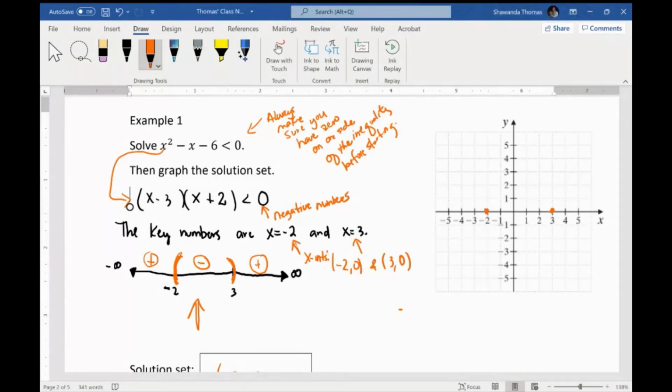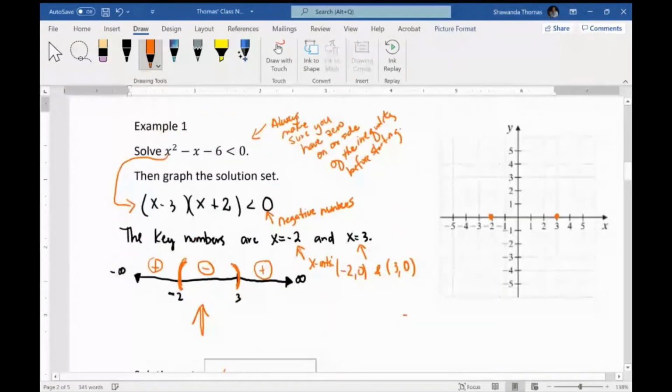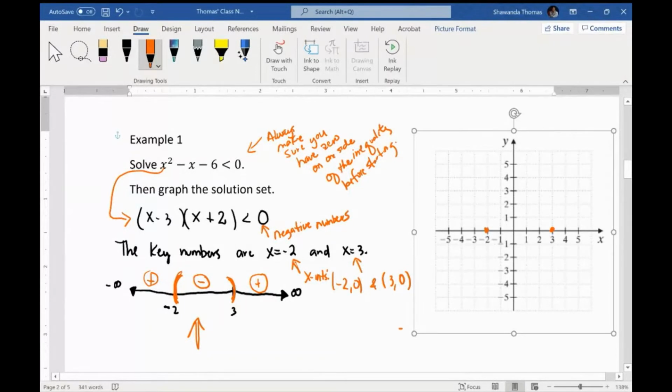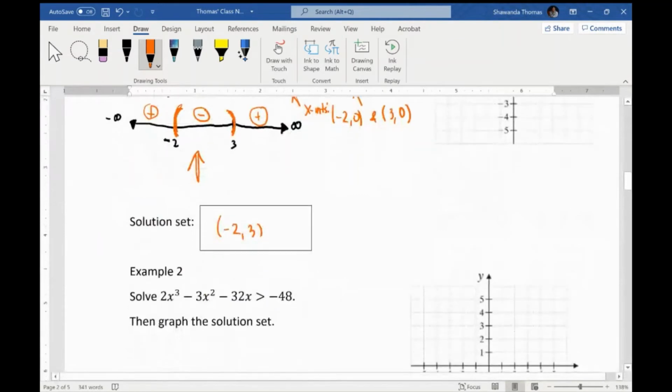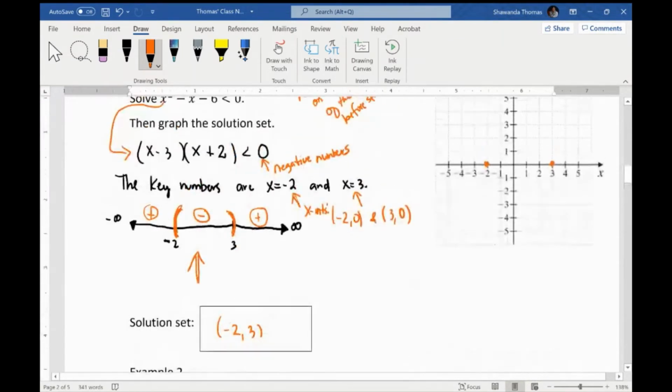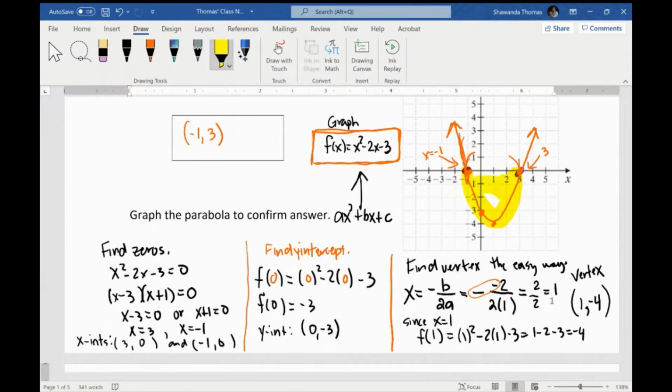That's an interval. That's not a solution. That's an interval, they are not points. I know because it's parentheses, y'all think it's a point. It's not a point. Interval means, like we talked about here, the interval between -1 and 3. Everything in between here is negative.